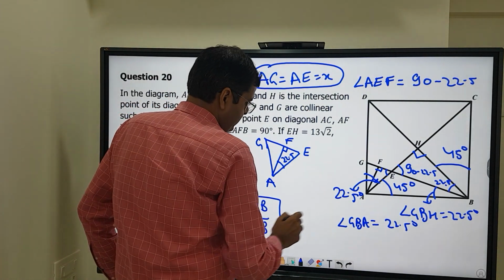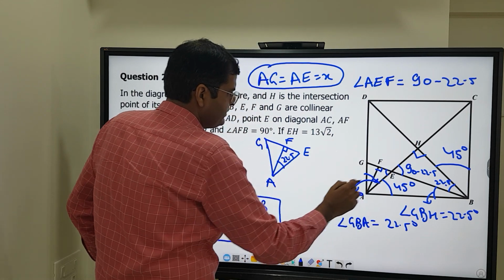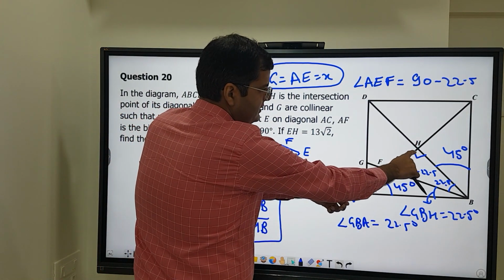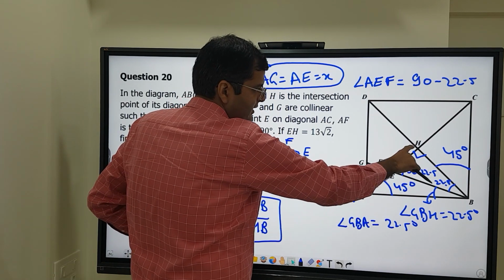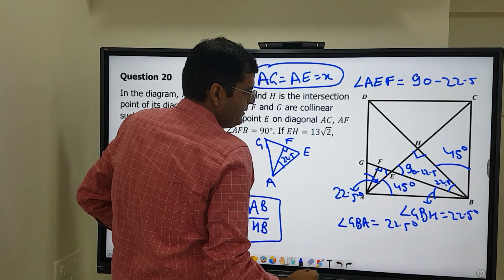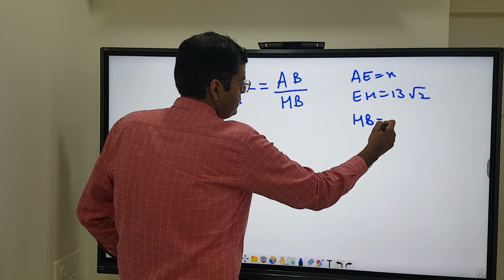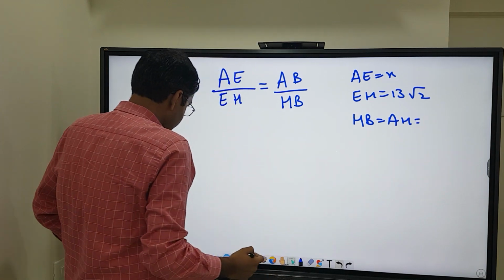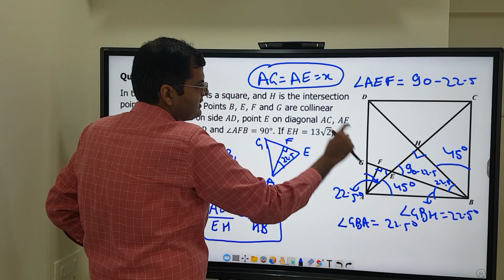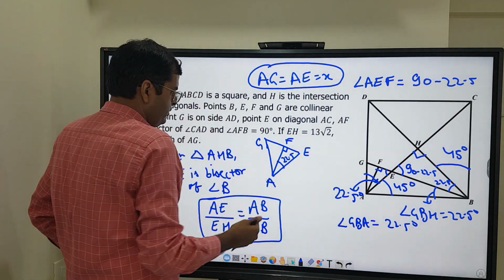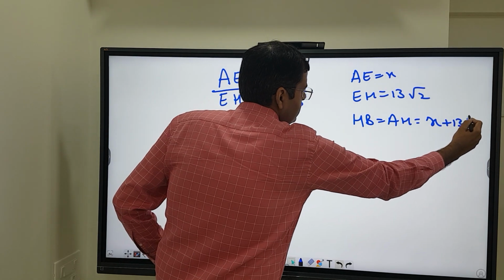First of all, HB is equal to AH, because in this square the two diagonals bisect each other. And AH is AE plus EH, which is X plus 13 root 2.